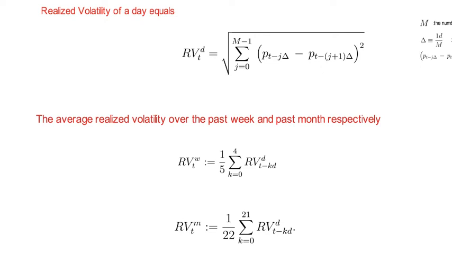Now, as you look at these formulas, you note that both averages are simply an equal weighted average of daily realized volatility. So the weekly measure assumes 5 trading days per week, while the monthly measure assumes 22 trading days per month. Note, for empirical work, I recommend you annualize each return and volatility quantity to simplify interpretations and comparisons.